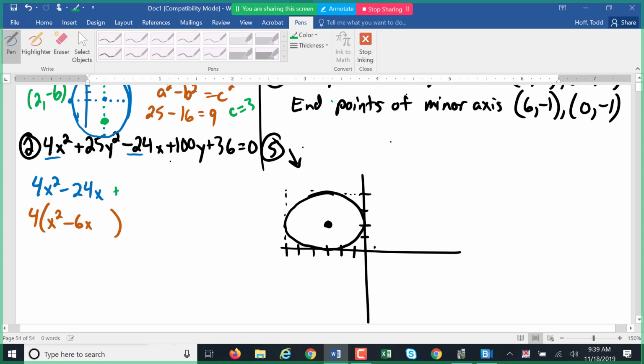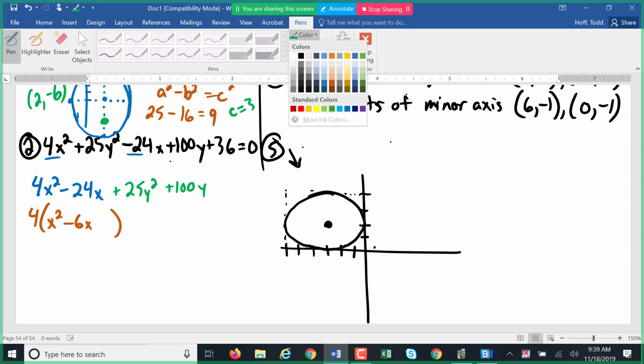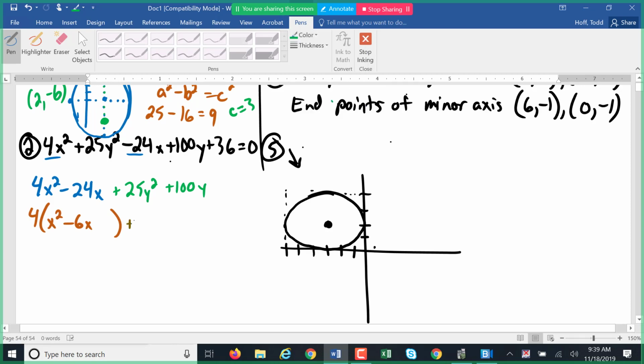Then I'm going to group my y's together. I've got 25y squared plus 100y, and I'm going to factor out that 25. So I've got y squared plus 4y. Then I'm going to subtract the 36 from both sides, so that this equals -36.